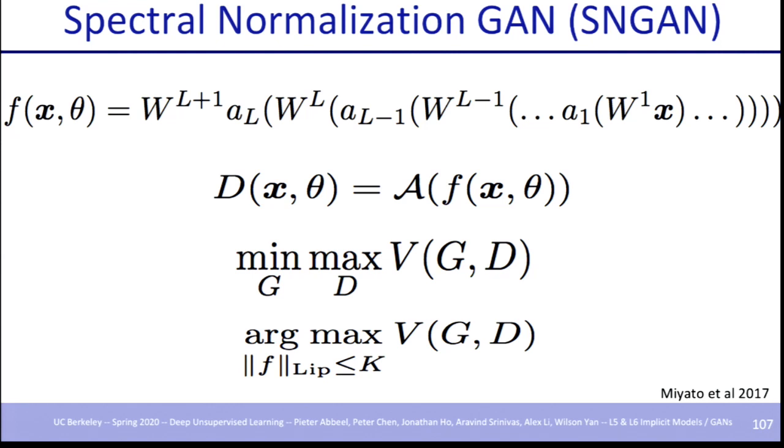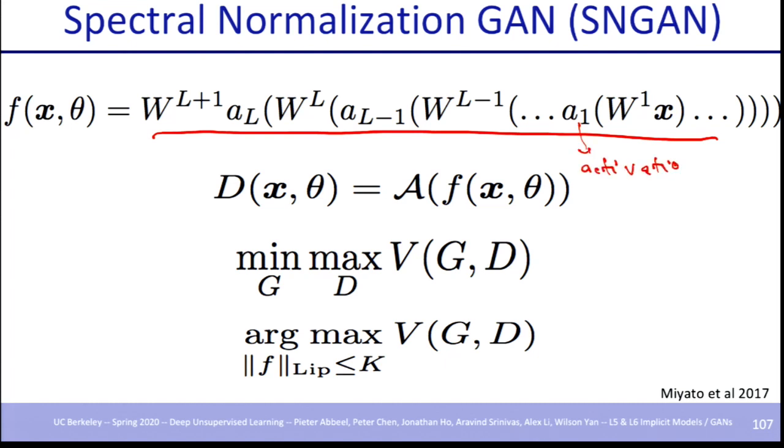Now imagine this is some deep neural network, and these are all weights that are multiplying, and this is the activation. So the activation could be something like a ReLU. And you could think of your discriminator as some neural net that takes a stack of affine transforms and puts nonlinearities, right?